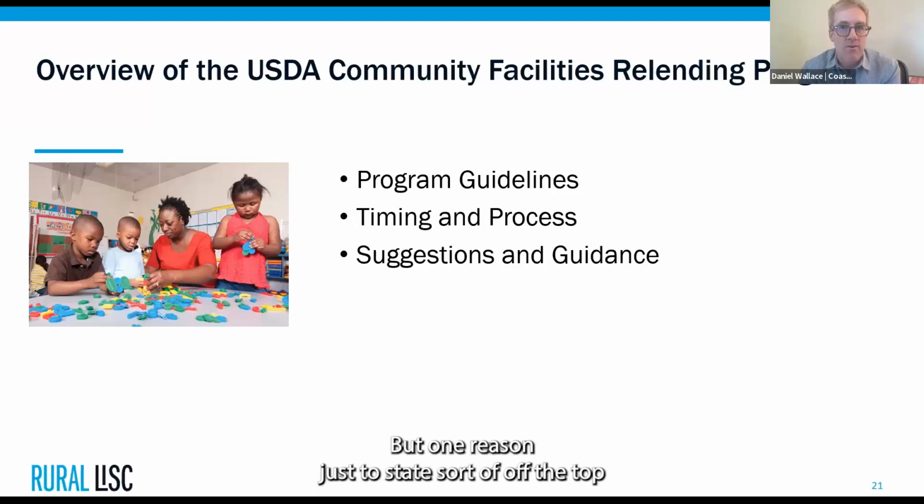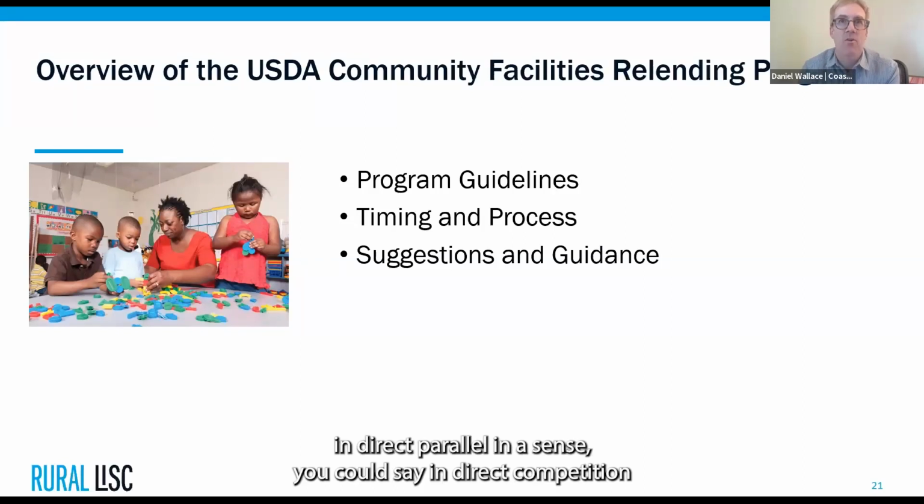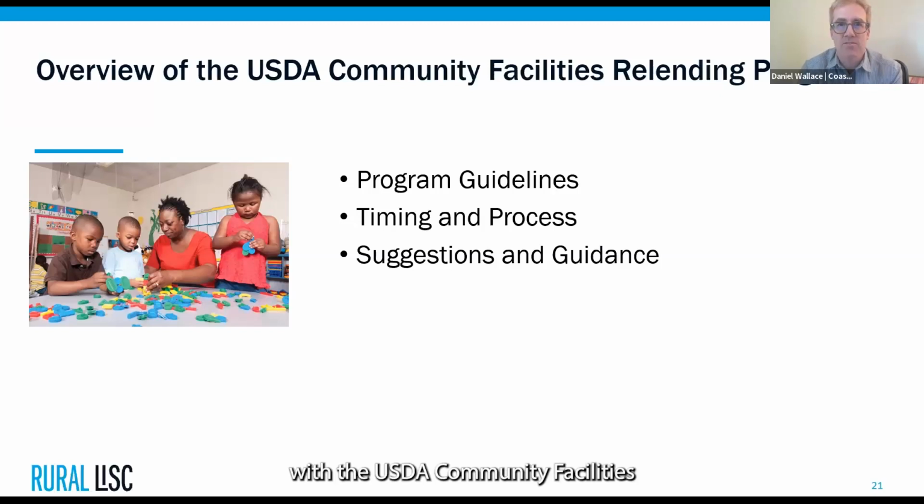But one reason, just to state off the top, why this might be a more interesting option to folks now relative to, say, 5 years ago, is that this product really does run in direct parallel, in a sense, you could say, in direct competition with the USDA Community Facilities Direct Lending Program.